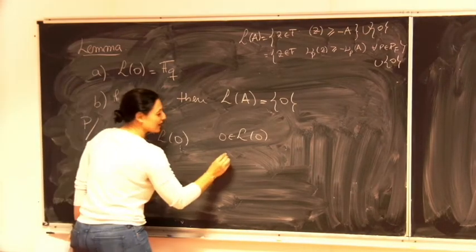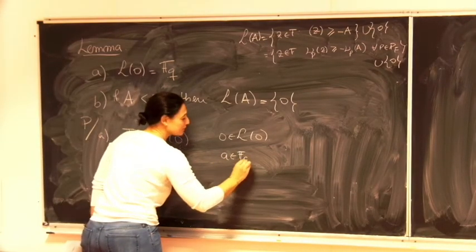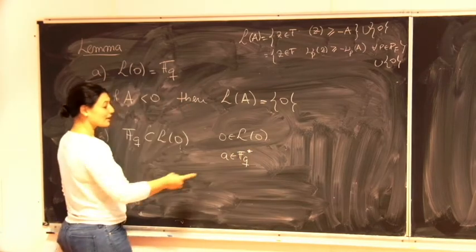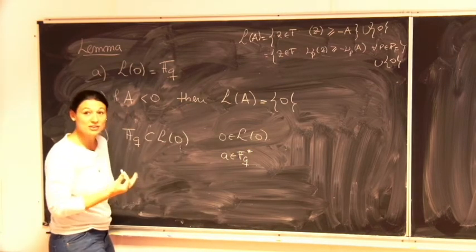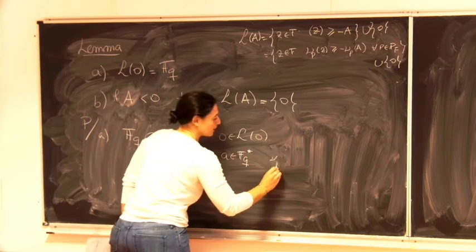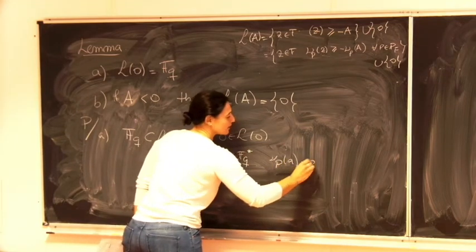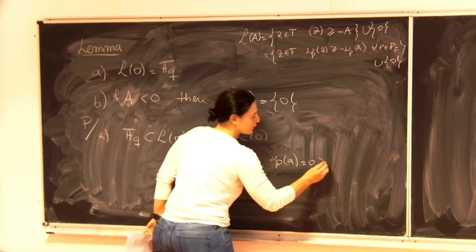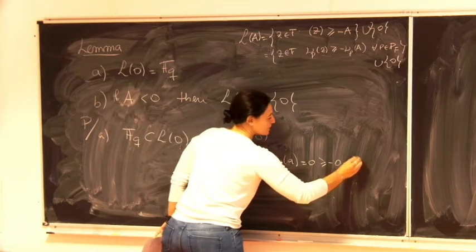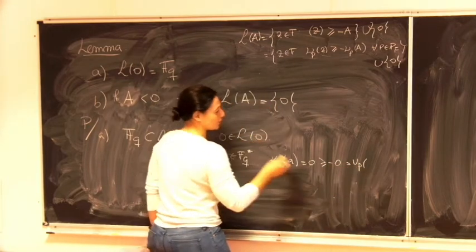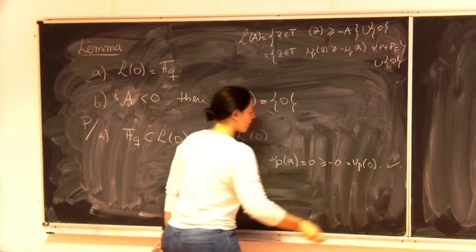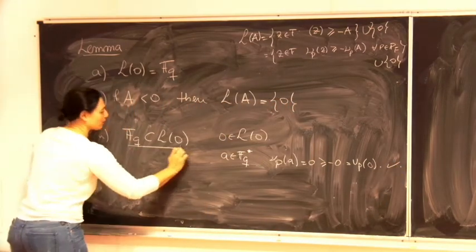And if I pick any other element which is not 0, the valuation at any place of a constant is 0. The valuation of a is 0, which is, of course, bigger or equal than minus the valuation of the 0 divisor. So we have that this is always happening.